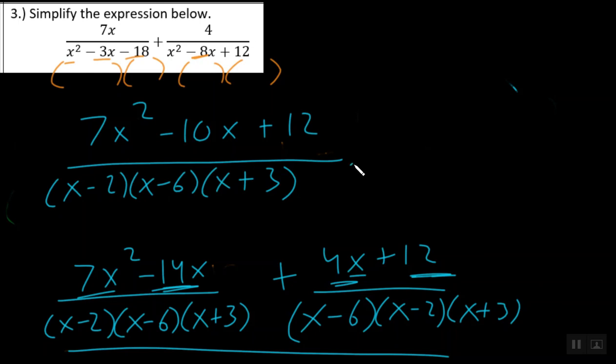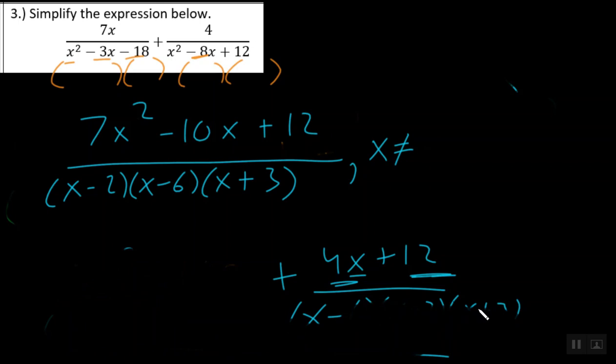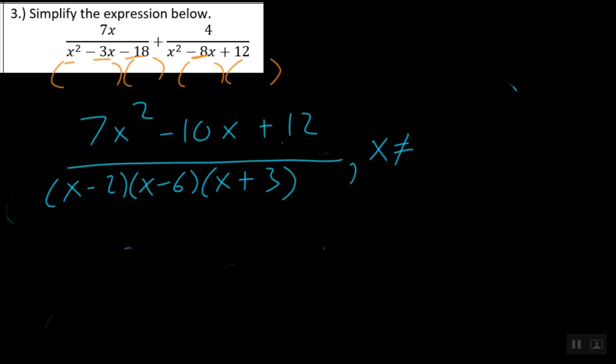And the last thing we want to figure out is what can x not equal? Well, taking this one step at a time, what values of x will make these factors equal to 0? We have x minus 2 equals 0.